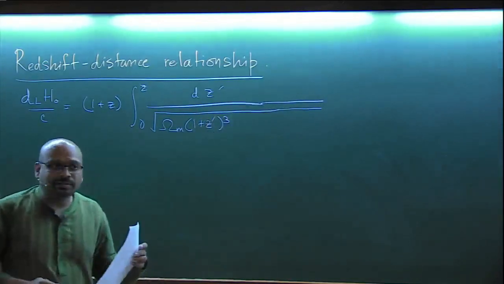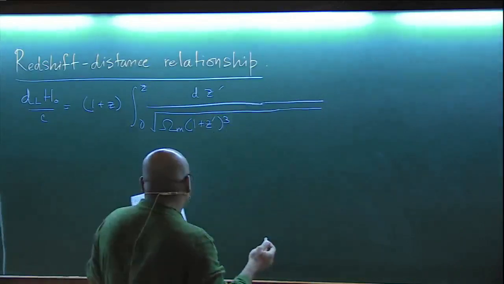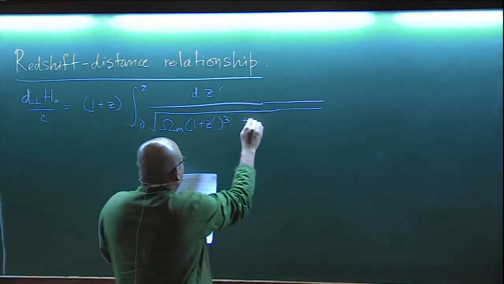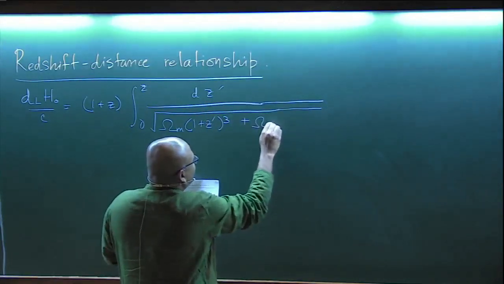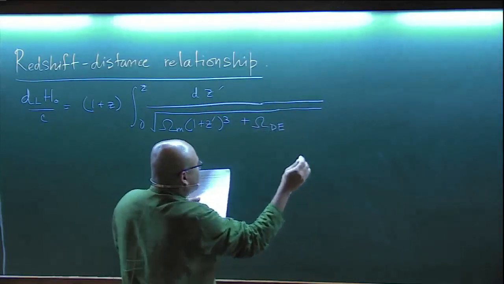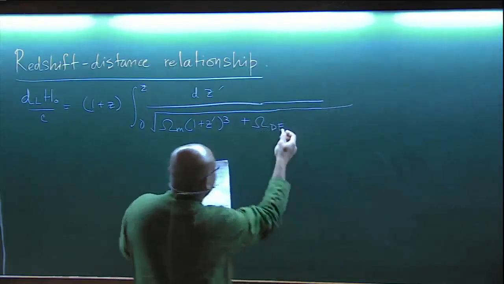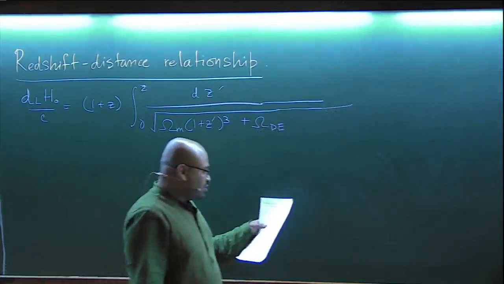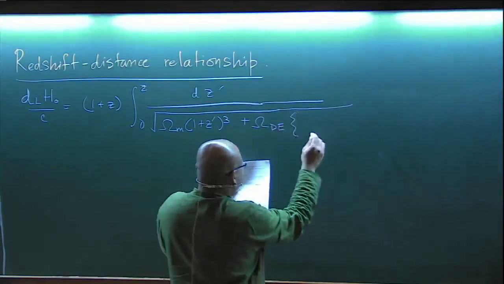I'll assume that the space is flat, so I won't put in an omega k. You can put in omega k here if you want, plus omega dark energy or omega lambda, and you can put in a constant if you think it's a cosmological constant, or if you think it's dark energy, you can put in a dark energy equation of state.